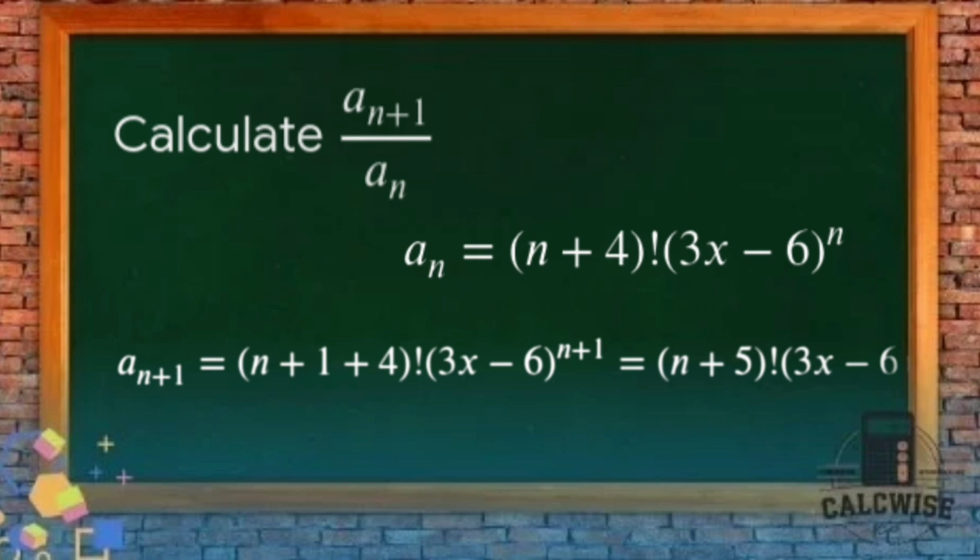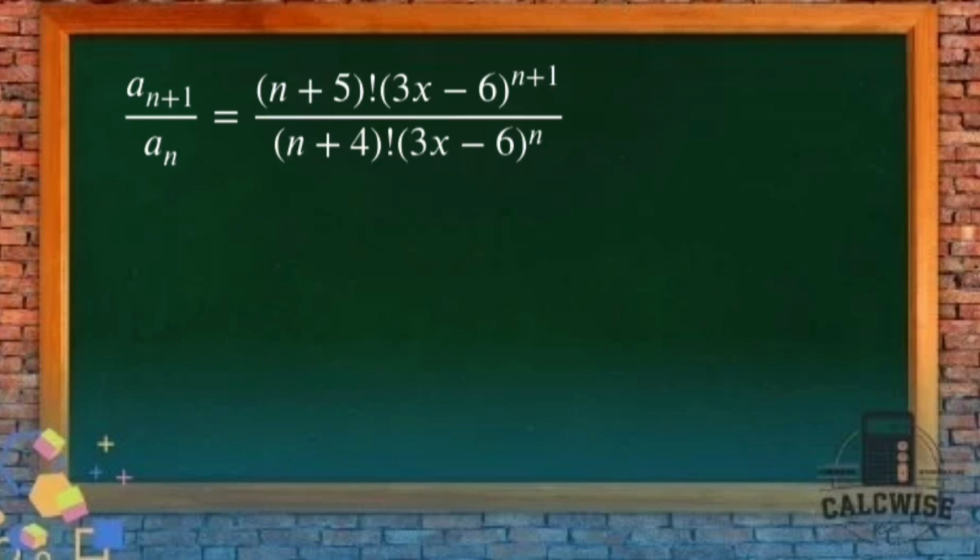So we're just going to copy the value of a sub n plus 1, (n plus 1 plus 4)! times (3x minus 6)^(n plus 1), and then the value of a sub n, (n plus 4)! times (3x minus 6)^n.